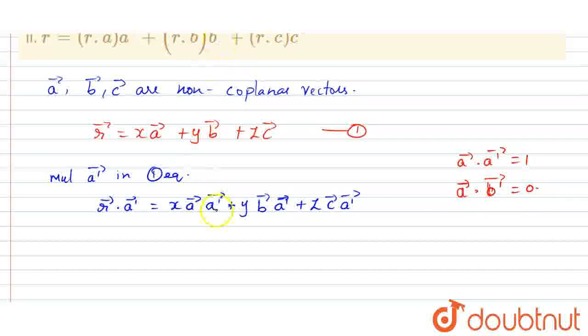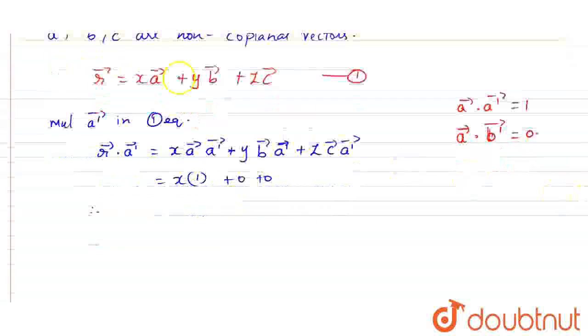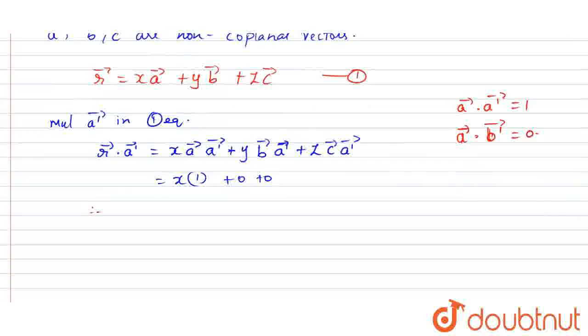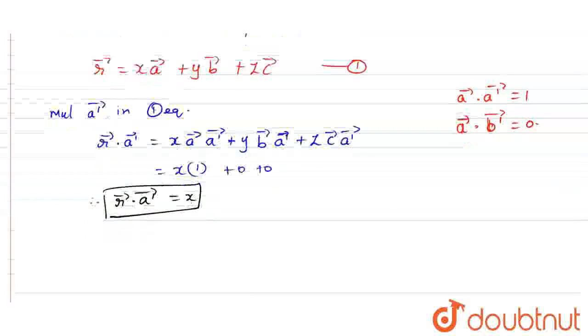Therefore the value equals x into 1, plus 0 plus 0. Therefore R vector dot A dash vector equals x.